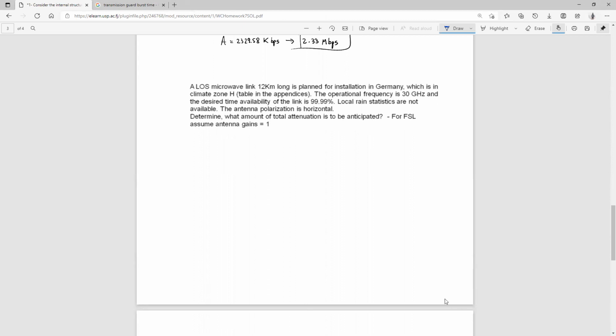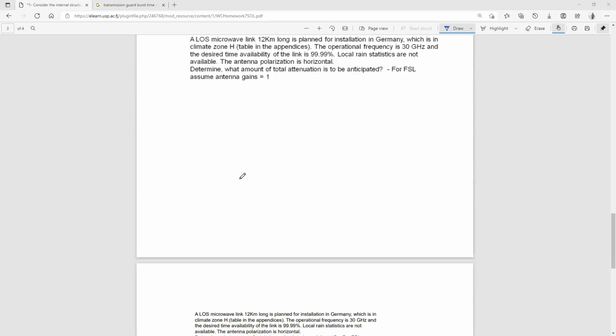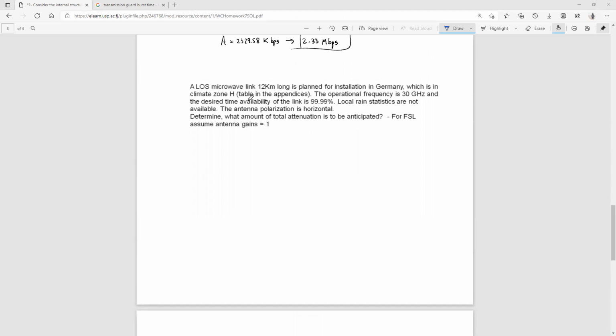Since it is in a rainy climate, the total attenuation will be due to the rain and the free space loss as well.